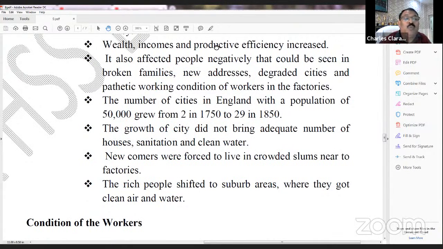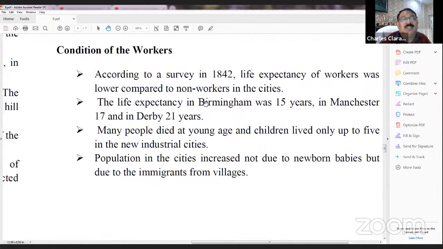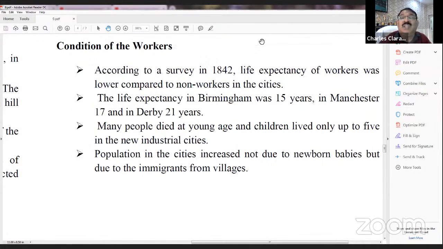The condition of the workers. This word workers is really a dangerous and sad thing. The people who work. According to a survey in 1842, just 8 years before the end of the revolution, life expectancy of workers was compared to non-workers in the city.